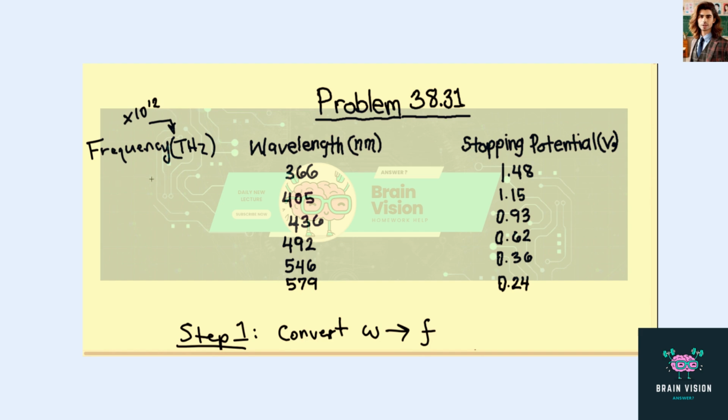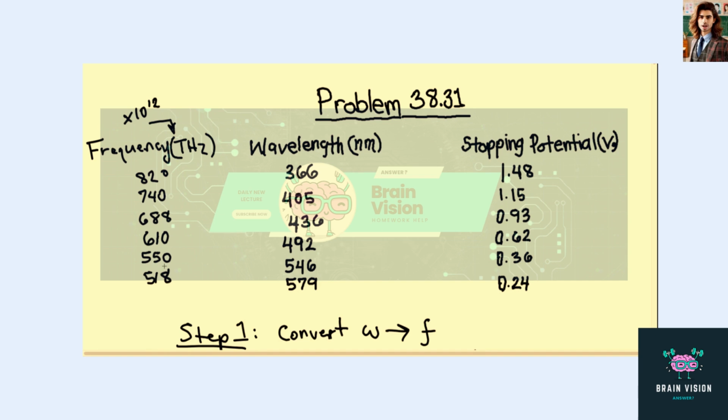So our frequencies that we get from using the equation from below are in terahertz: 820, 740, 688, 610, 550, and 518.